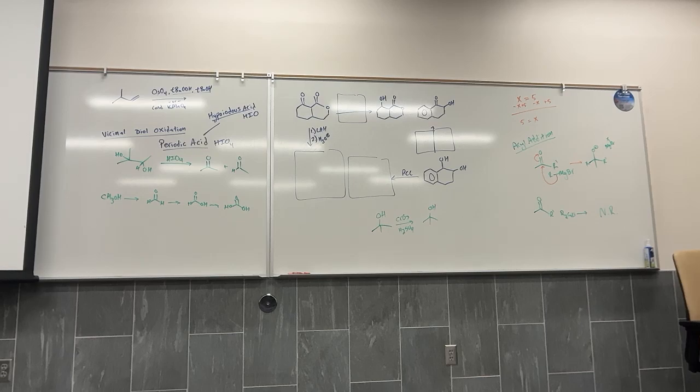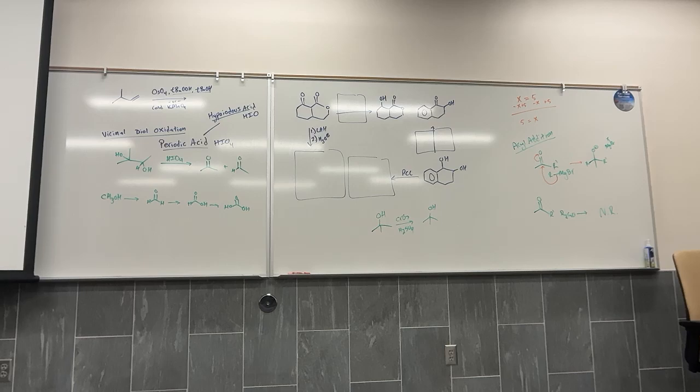When we went through our reductions, we said that the carboxylic acid gives off a byproduct of water. The acid halide gives off a byproduct of HCl. The anhydride gives off 2 equivalents of alcohol. We said the ester gives a secondary alcohol from the carbonyl, and then it kicks off a second alcohol.